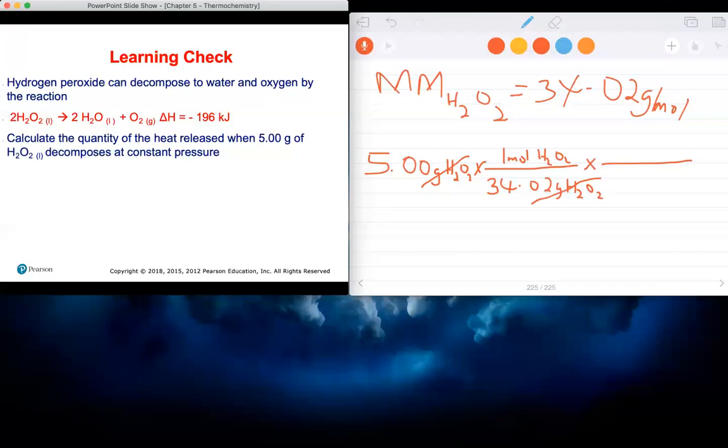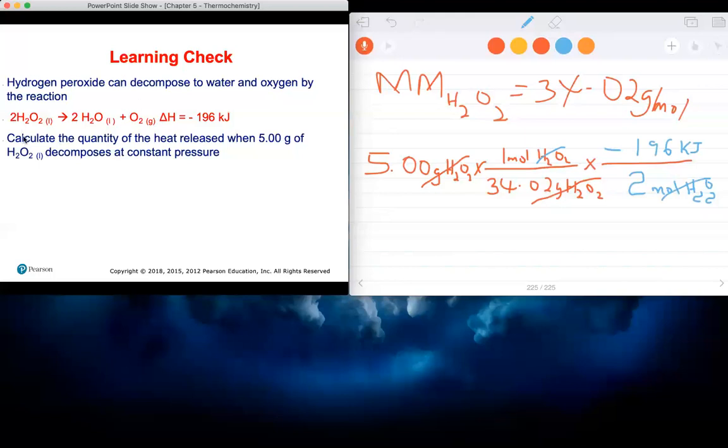For every 2 moles, this is not molar mass, for every 2 moles of peroxide that decompose, this is how much heat is given off: negative 196 kilojoules. So mole and mole will cancel, not the value. That's how you generate the conversion factor to find the quantity of heat given in kilojoules.